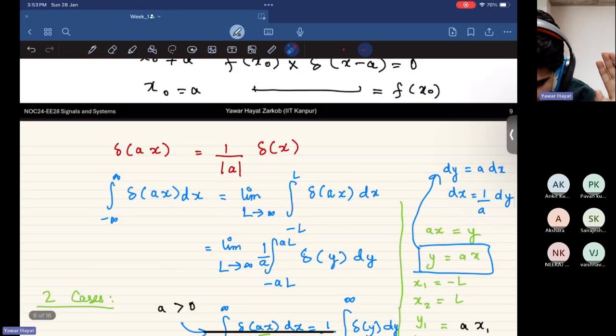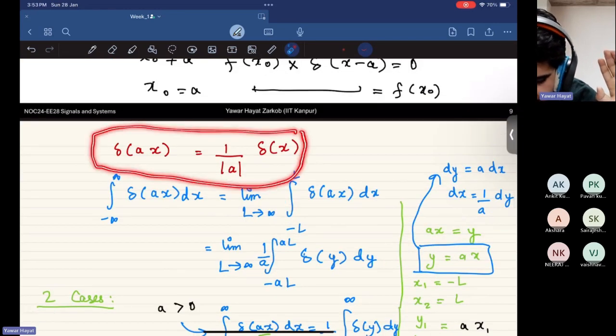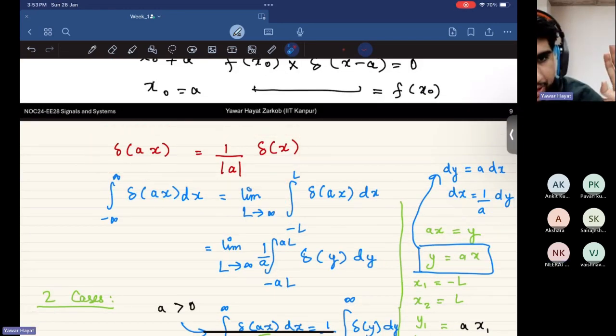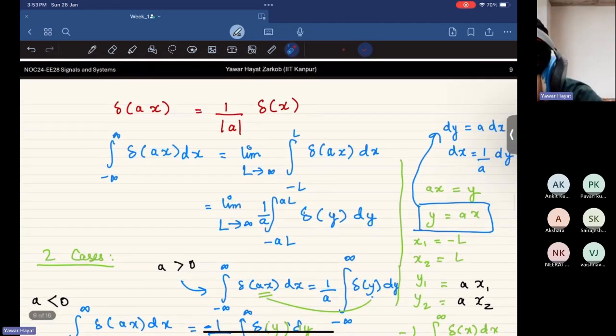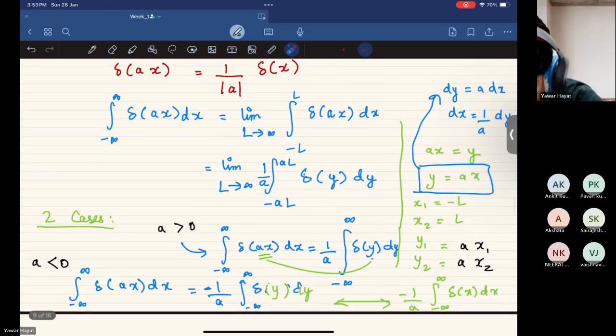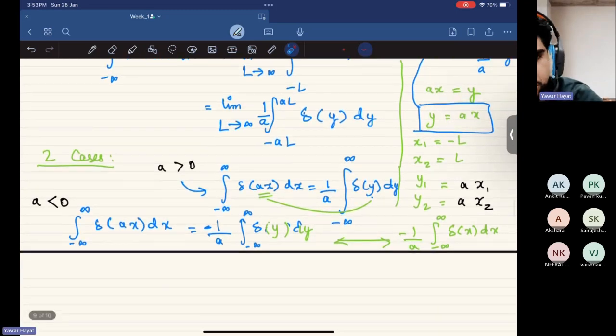Our actual problem didn't have this y. If this is causing some trouble, you can go through this. I'm sure you'll figure it out.